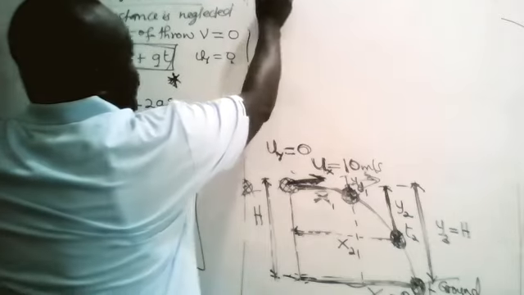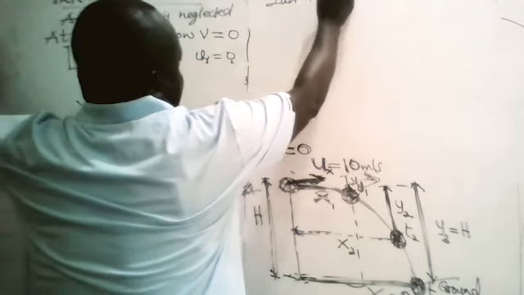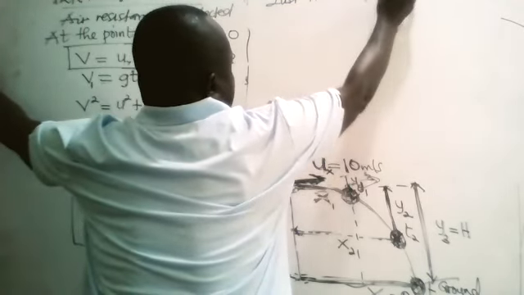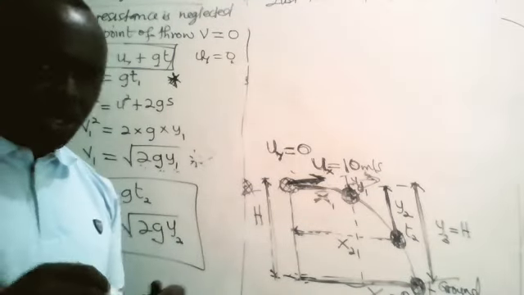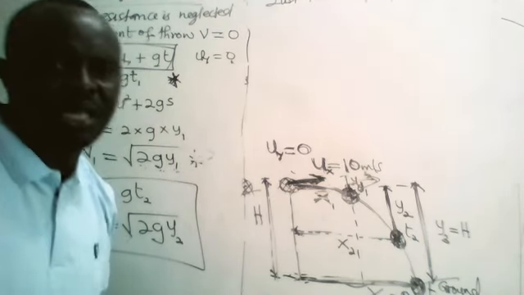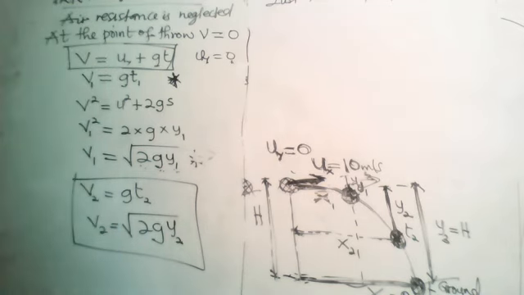Now, just before the body hits the ground, what will be the velocity? I'm using just before the body drops because when the body hits the ground, the velocity is 0 because the motion has come to a stop.